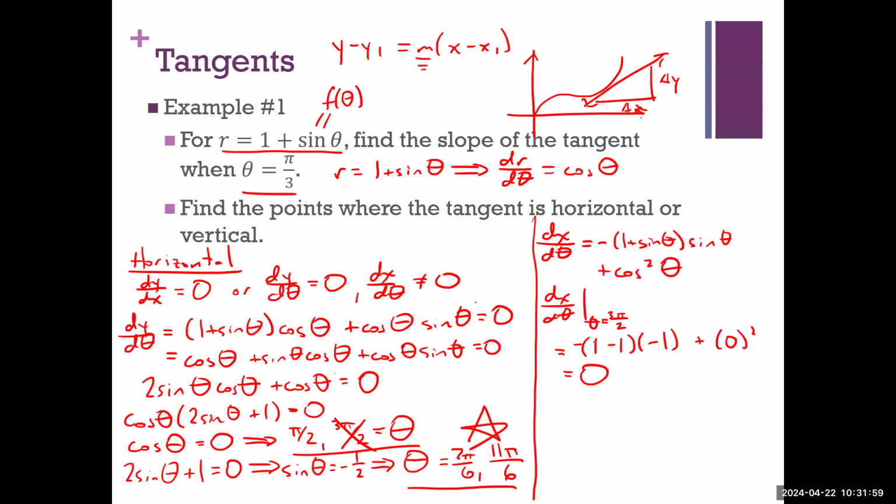But just keep in mind that that is something we have to watch out for. It is absolutely possible that even though you think you have a horizontal tangent line because dy/d theta is equal to 0, you might have that issue where the derivative is not well defined. Questions here?